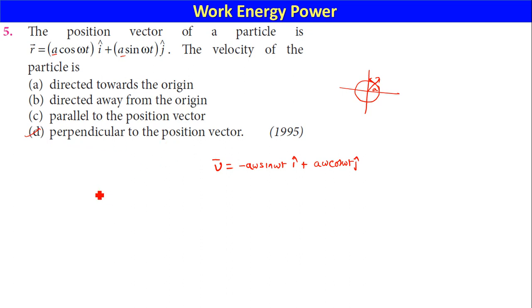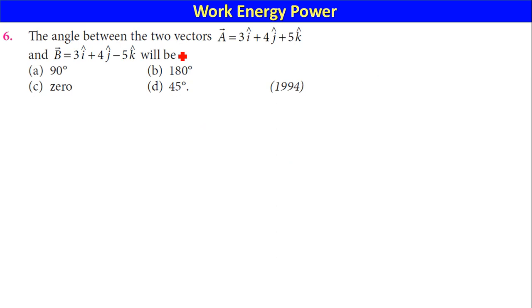Okay, that's correct. Next one, the angle between two vectors a and b will be. For finding out the angle, we know cos theta is equal to the dot product between a and b divided by the magnitude of a and the magnitude of b. How do you find that? Take x components and multiply them, 9, plus take y components and multiply them, 16, take z components and multiply them, minus 5 5s is 25, divided by root of x component square plus y component square plus z component square, and then root of the same for the other vector.